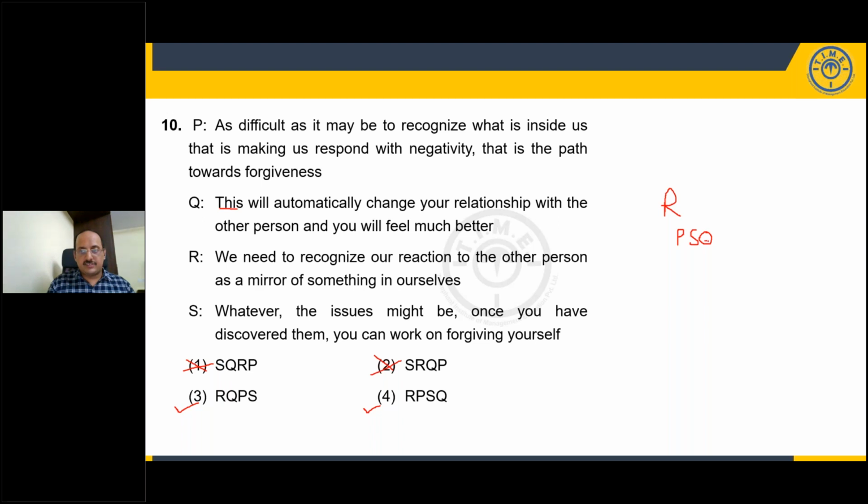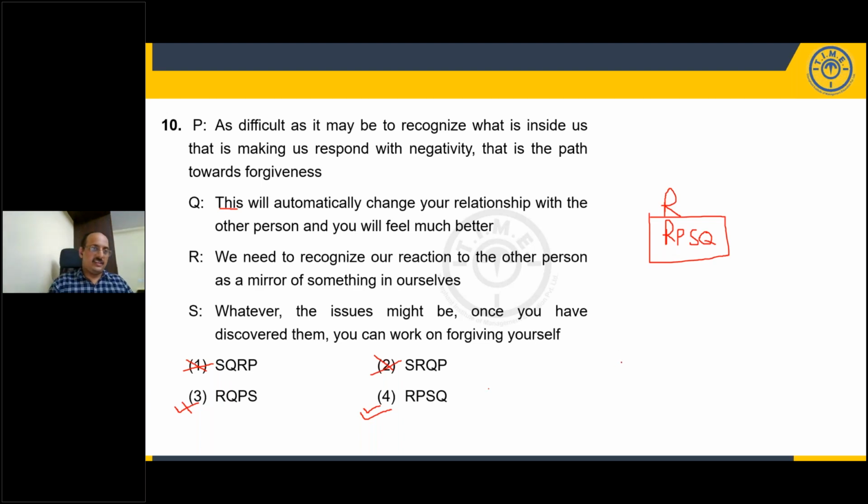So R comes at the start, that defines the idea. P and S elaborate on it, and Q concludes by giving me the reaction or the effect of it. So my answer would be option number 4. RPSQ, 3 gets eliminated. Okay guys, my answer is option number 4, RPSQ. I hope this is clear.